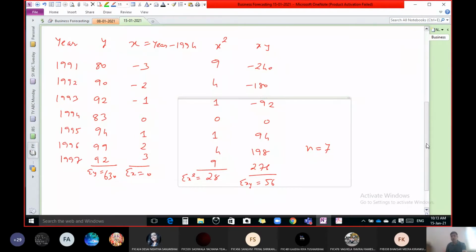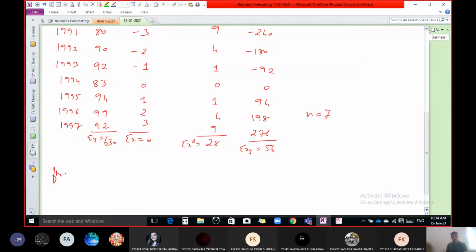Now substitute these values in the equations. Our equation 1 is sigma y equal to na plus b sigma x.